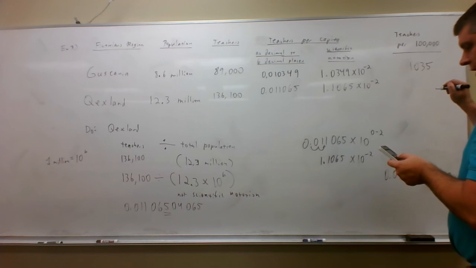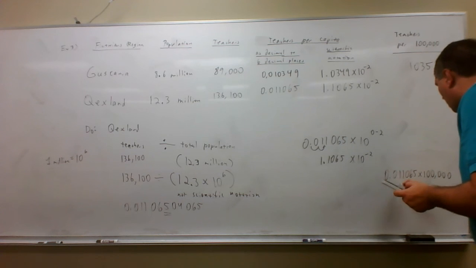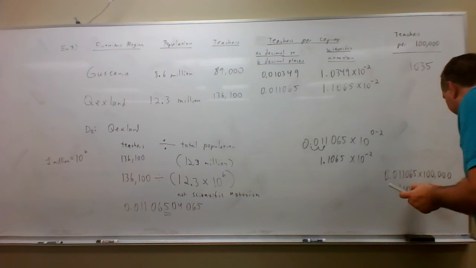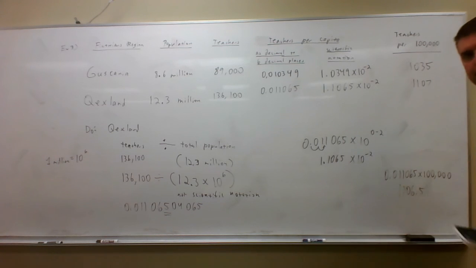So I end up with 1106.5, which I will round up to 1107.